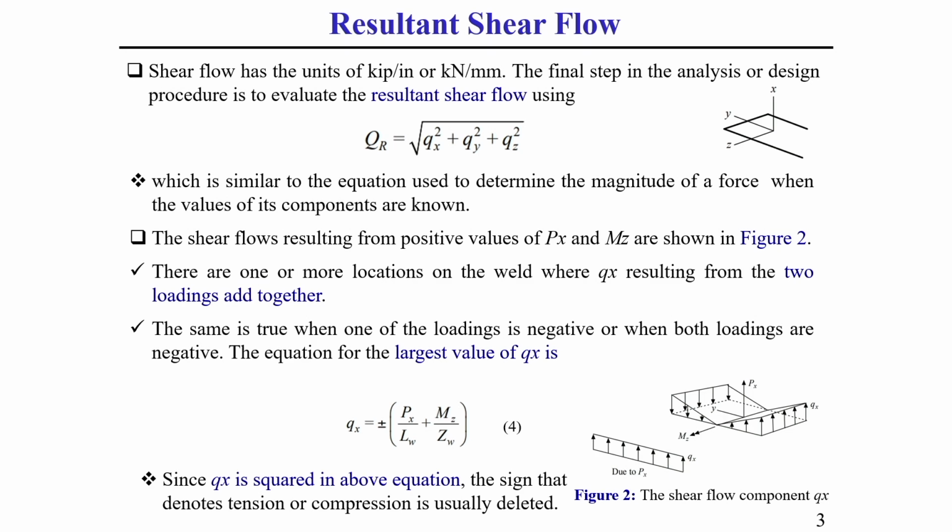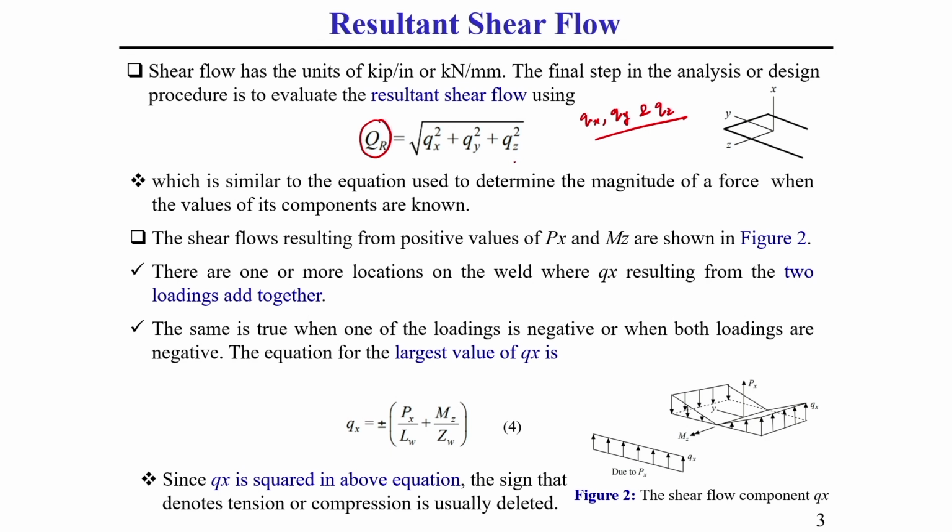In the last lecture itself I told you that if the shear flows in the x, y and z directions are small q x, q y and q z, then the resultant shear flow we can find by a procedure similar to finding the magnitude of a force when the x, y, z components are known.